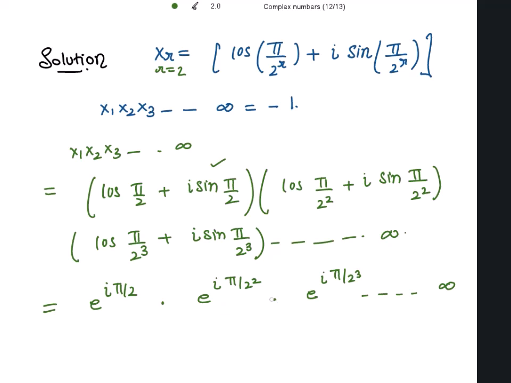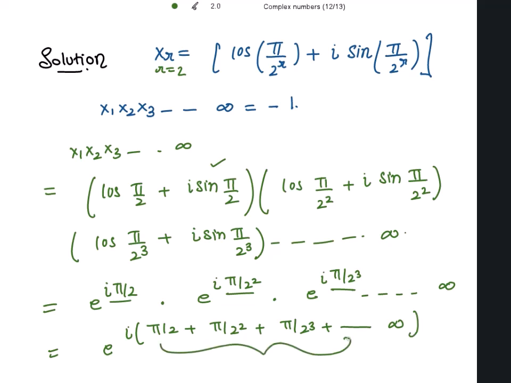This product is up to infinity. So further, this can be written as e the power, we sum all these powers together and taking iota outside. So this is pi by 2 plus pi by 2 square plus pi by 2 cube plus and so on up to infinity.